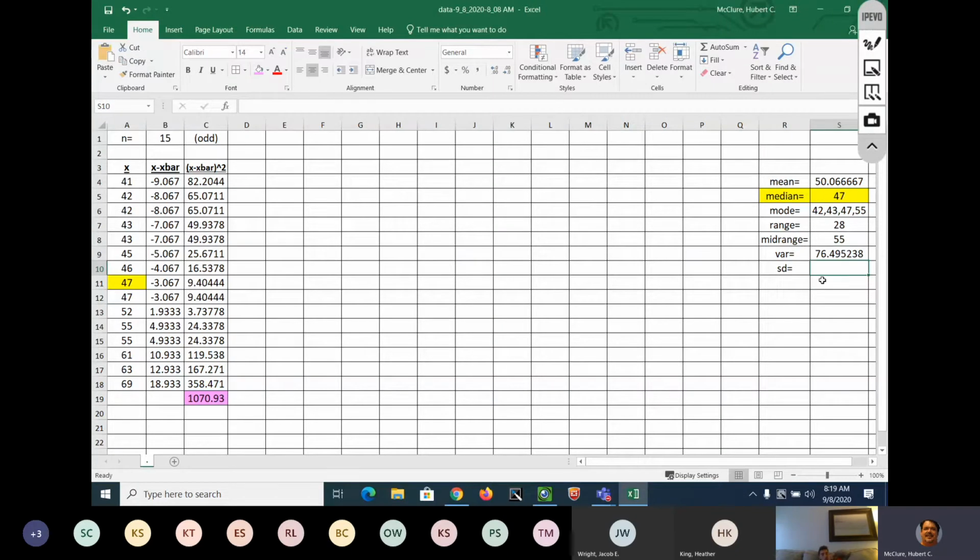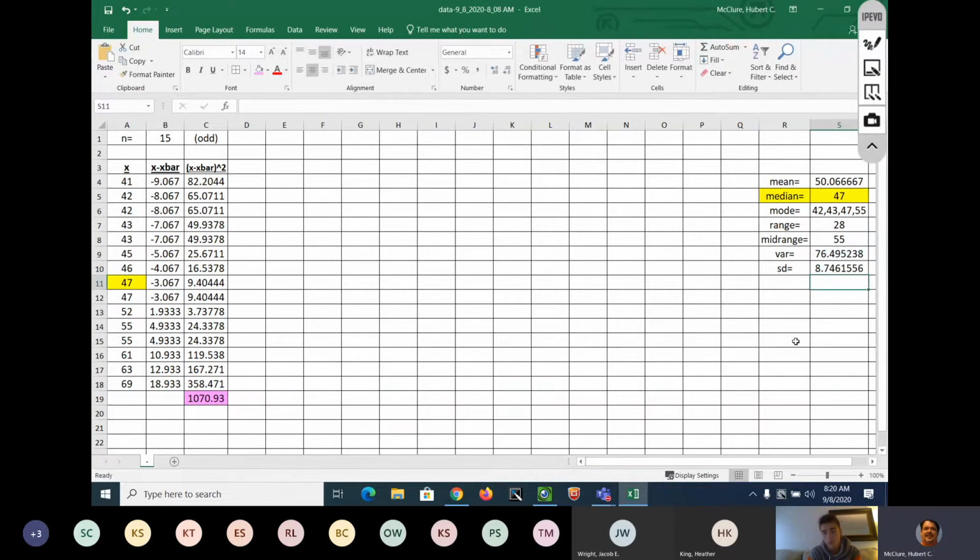And that is the variance, which I really don't care about. Standard deviation is what I care about. So S, standard deviation, is equal to the square root of this number. So this number raised to the 0.5 power, or 1/2 power.